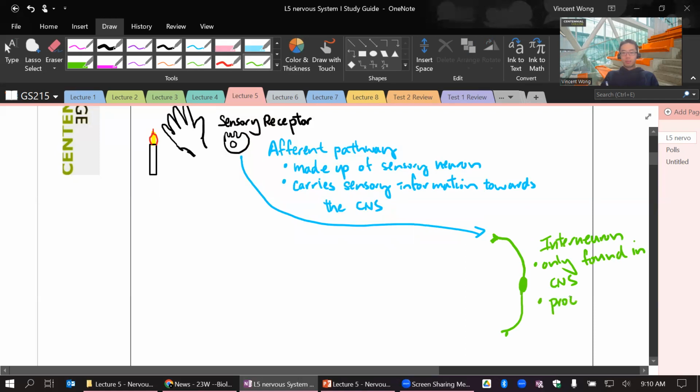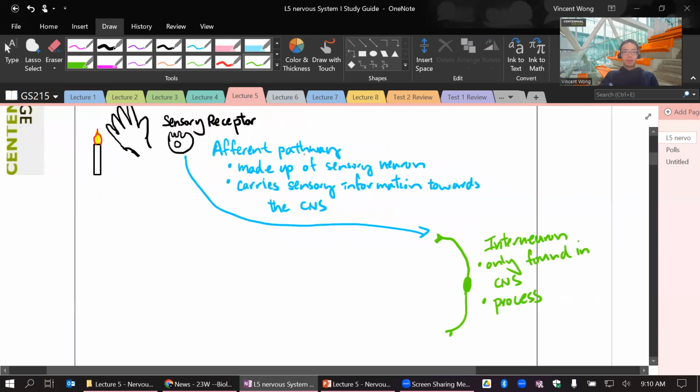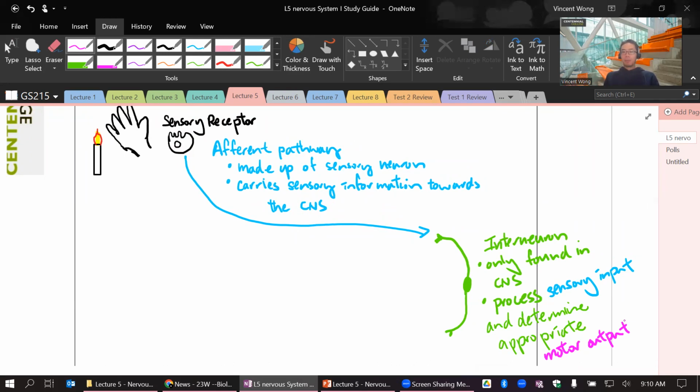Their function is to process sensory input and determine appropriate motor output. Like what are you going to do about it? And sometimes the appropriate response is to not respond.